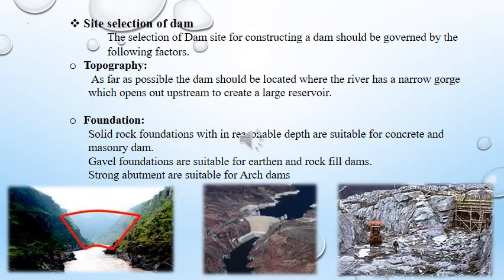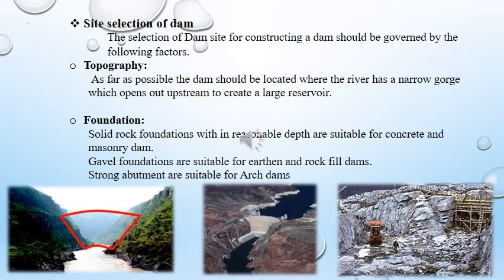The selection of a dam site. The selection of a suitable site for the dam depends upon some factors. The first factor is the topography. The river cross section at the dam site should preferably have a narrow gorge to reduce the length of the dam. However, the gorge should open out upstream to provide a large basin for a reservoir.